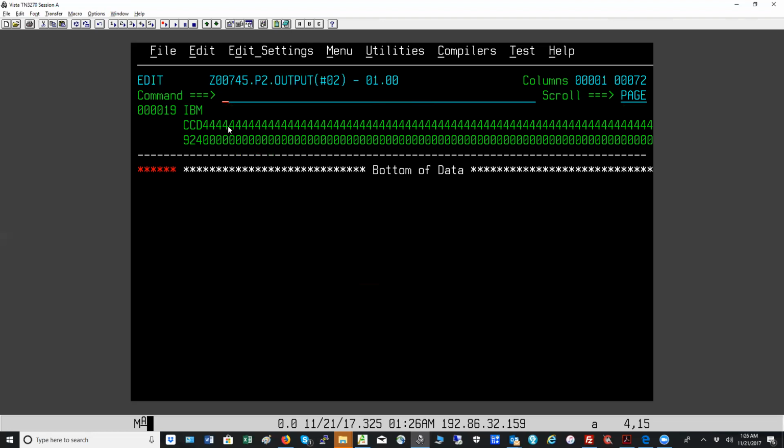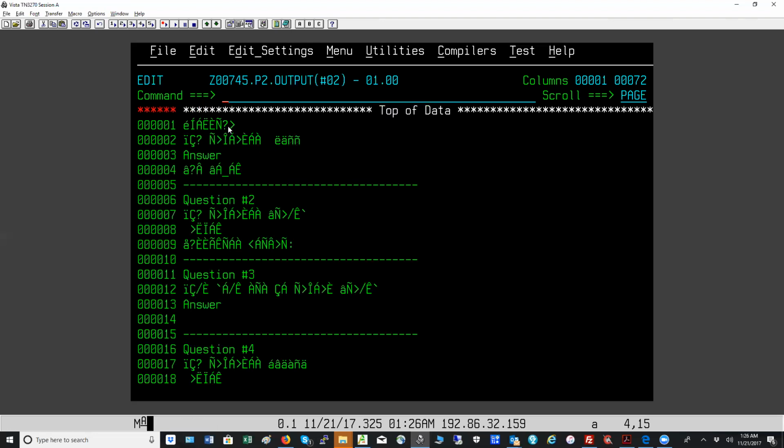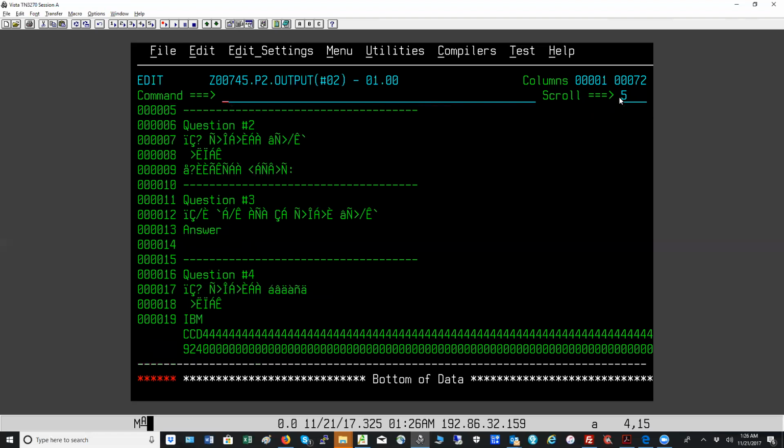Let me see if I can bring all that on the screen at one time. No, it won't all fit. I'm going to change my scroll amount from page, and I'll change it back so I won't confuse you down the road. It scrolls up or down 5 lines at a time. So question 4, line 17 says, who invented EBCDIC? And the answer is IBM.